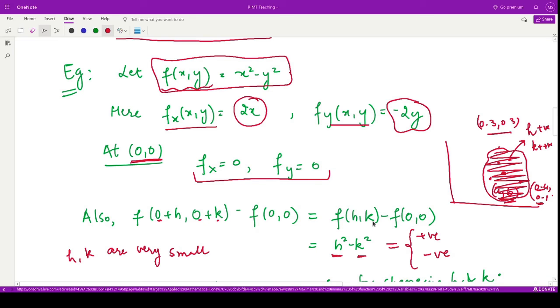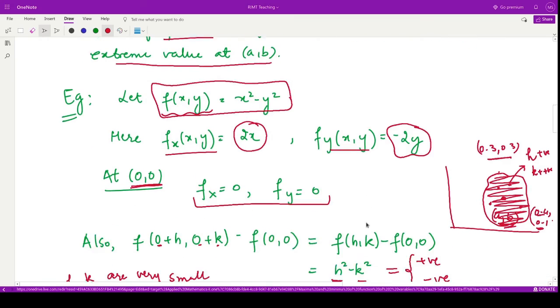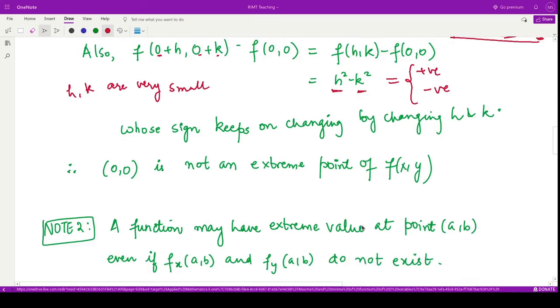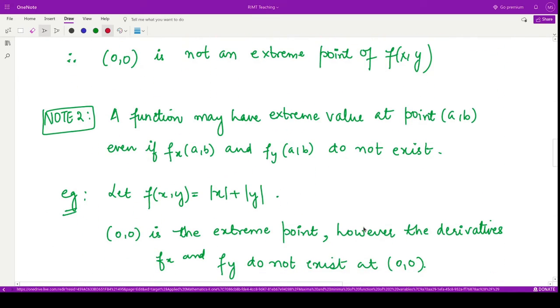So this is only the sufficient condition. Moreover, it is also not the case that if the function has an extreme value at a certain point (a, b), then these derivatives exist. They may exist or they may not exist. The condition applies only whenever your derivatives exist.